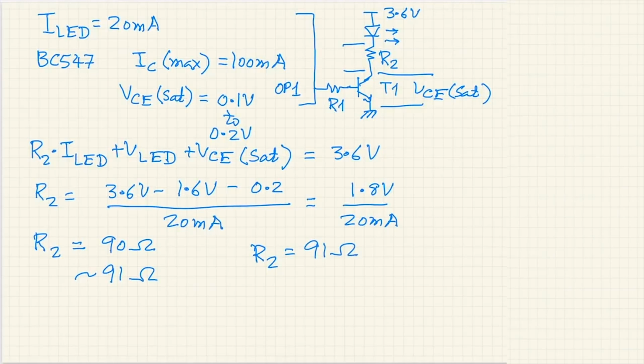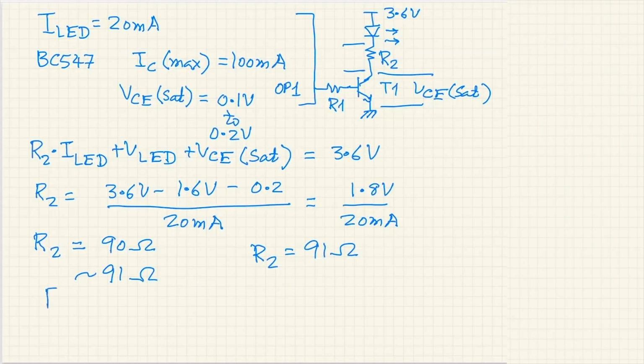Now, having a value of resistor is important, but also selecting an appropriate resistor which can dissipate the power is important. We must find out the power dissipated by R2, so that we can choose a resistor which can dissipate more power than that and operates in a safe region.